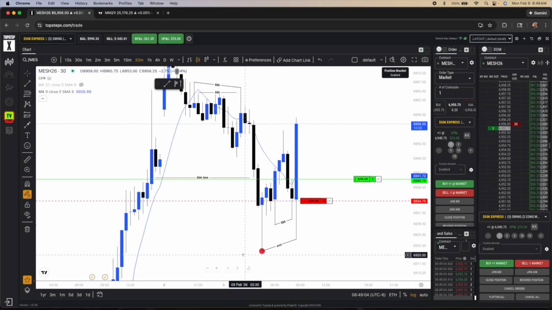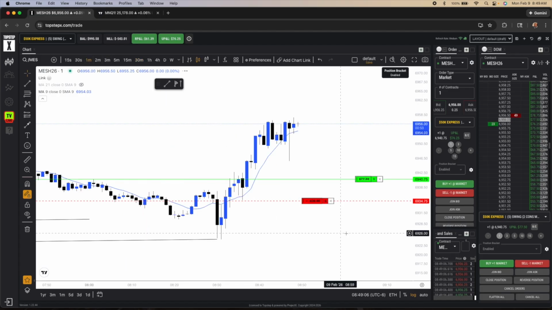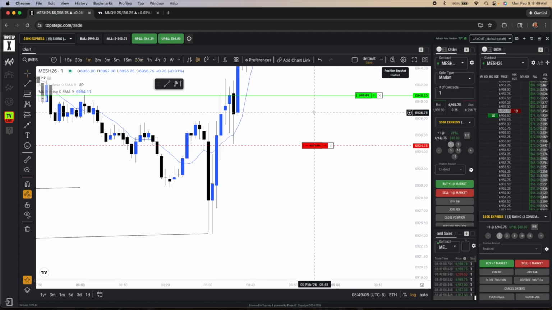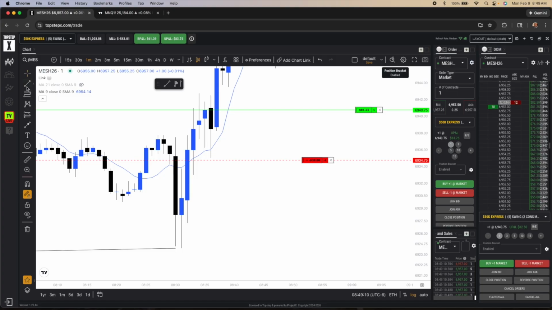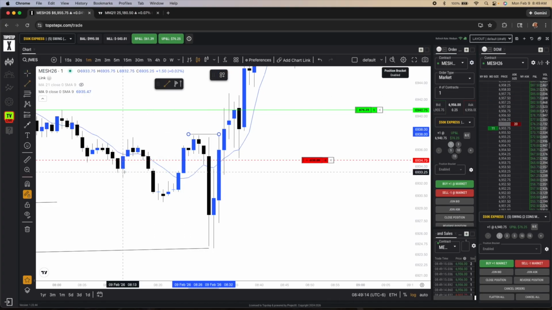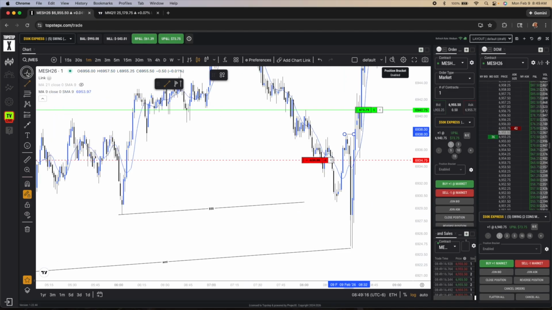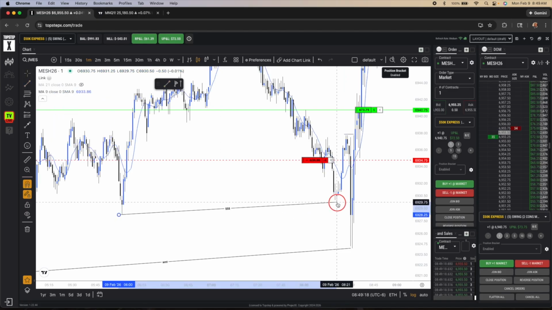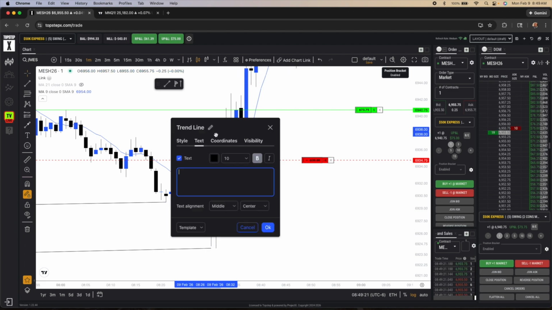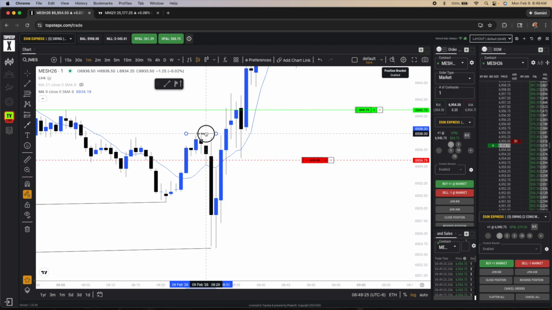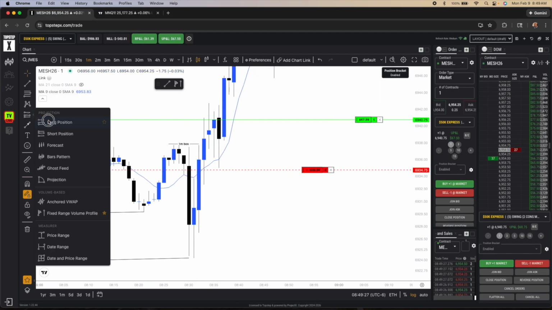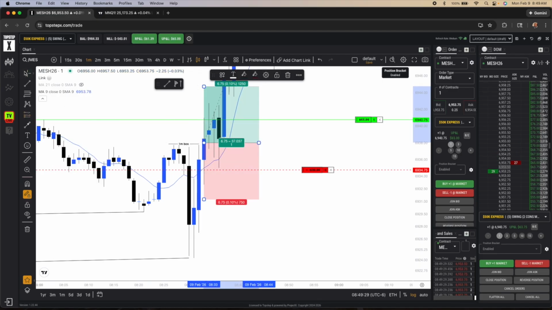But seeing that this is an SMT, we also got a 1 minute break of structure right here after sweeping, of course, all of this liquidity inside of here. So 1 minute break of structure, and that is essentially when I got into my first position, right around here.